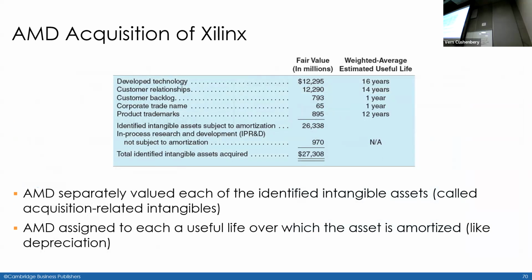They included developing technologies, customer relationships, customer backlog, the associated amounts, and a useful life. And that useful life will be applied to those assets so that they can be amortized or depreciated over their useful life. So it's almost identical to the manner in which we depreciate a piece of property or plant or equipment.